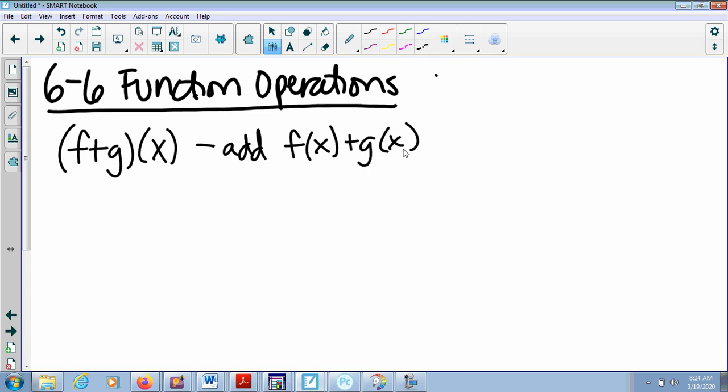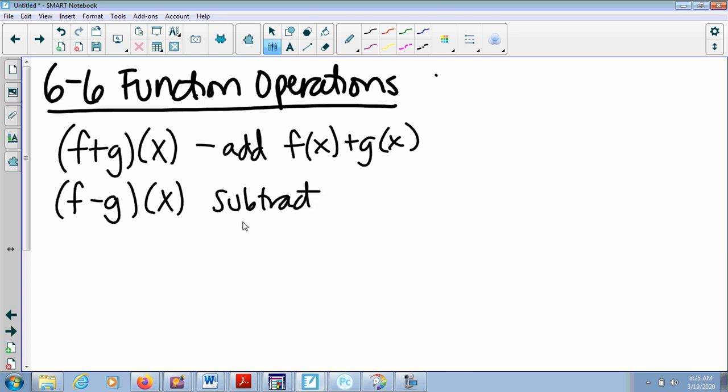So f of x and g of x, those are just the names of our function. This doesn't mean we multiply x, this just tells us x is the variable that we use. So some people think you multiply x at the end. You do not.